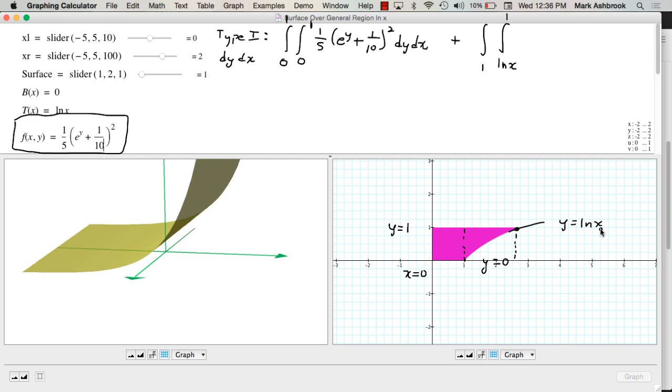So what x value gives a natural log of 1? E, right? E. Okay, and so then when we come in both of these integrals, we come to antiderivative of this with respect to y.